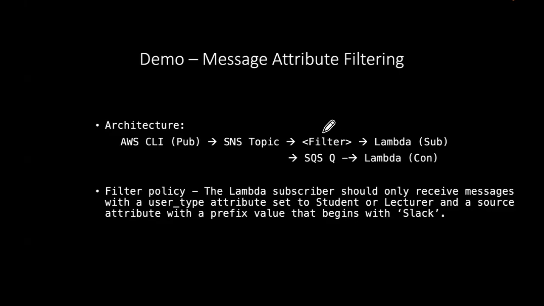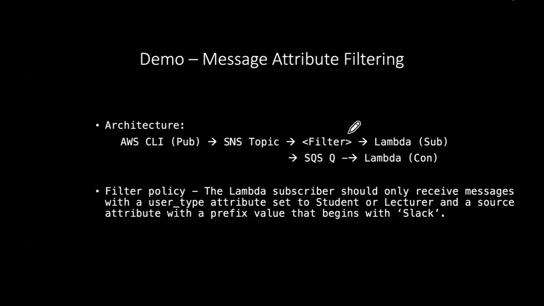What I'm trying to express here is that there is going to be filtering done between the topic and the Lambda subscriber. There isn't going to be any filtering done here, so the SQS queue is going to receive all of the messages, and hence this Lambda over here is going to process all of the messages. We don't really care about this part of the architecture. This is the part that we're interested in.